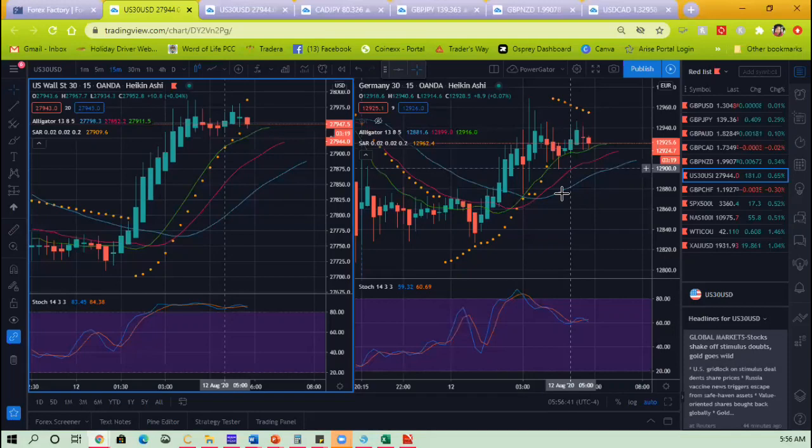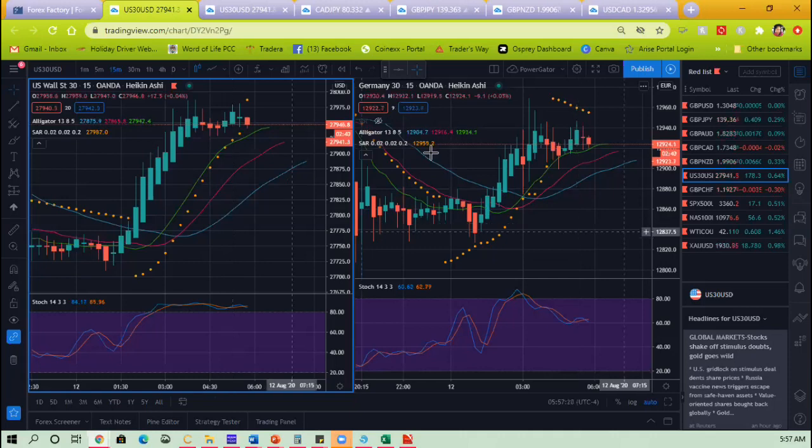Now, with the German 30, the German 30 is actually a little different. Although the standard lot size is still a 1, it's not $10 per pip. It's not as much. So you can actually get into the German 30 with a standard lot size of 1 and kind of play around and see what it would be like to trade in the US 30 without it being so much money. Does that make sense?